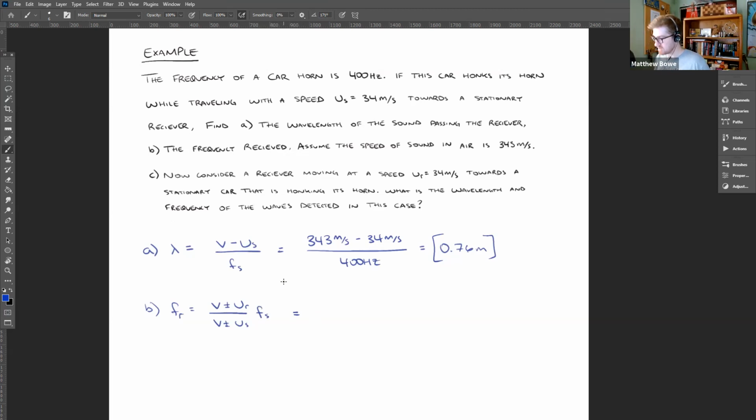Well, the receiver is stationary, so this U of R term will be 0. So I don't even have to worry about that part. Then it will be just V over V plus or minus U of S, times F of S.